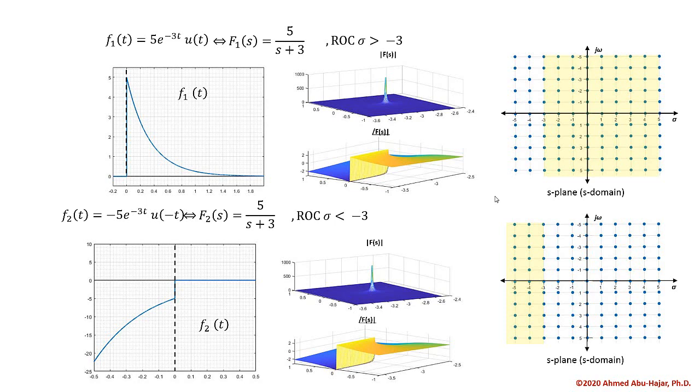But when you calculate the contour integral, as j omega goes from minus infinity to plus infinity, the direction of the contour will go counterclockwise, and when you calculate the contour counterclockwise, this basically means that it is a causal signal, with time moving forward.